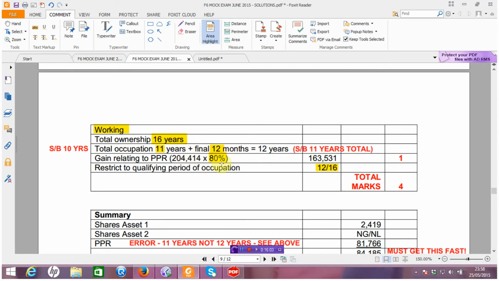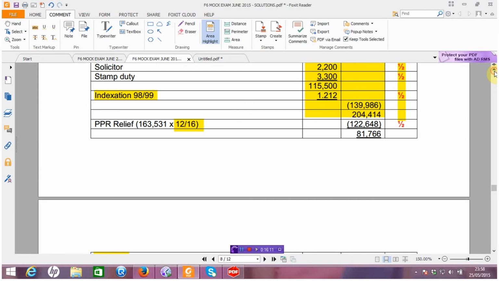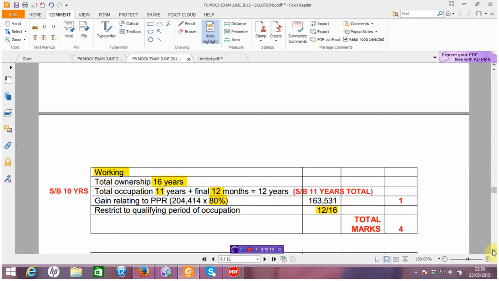Now, this area of the trade as well. The way it's been done here, you remember the figure above, 204,414, is the gain before any PPR relief. And in effect, what the question is saying is that if the property has been used 20% for private purposes, 20% for trade purposes, then in effect, 80% should be stripped out.